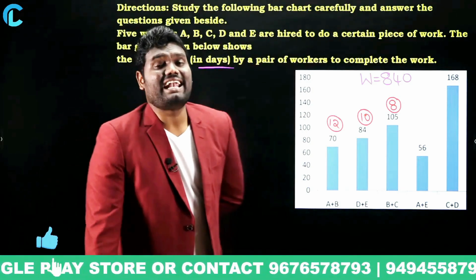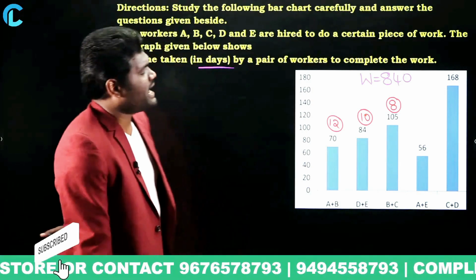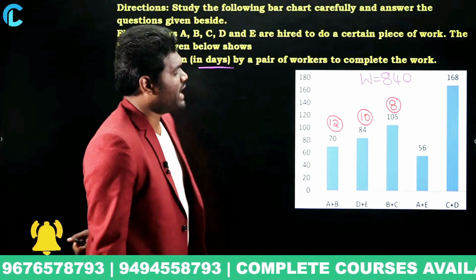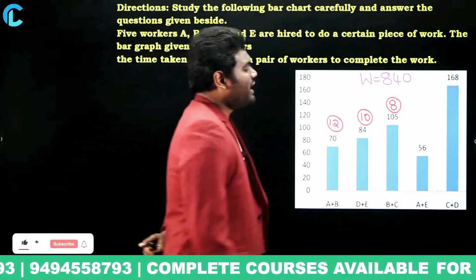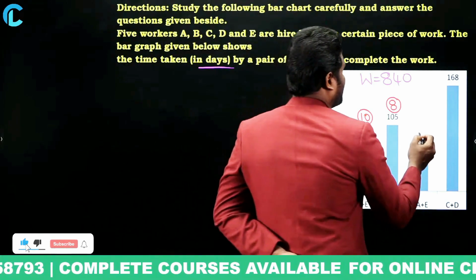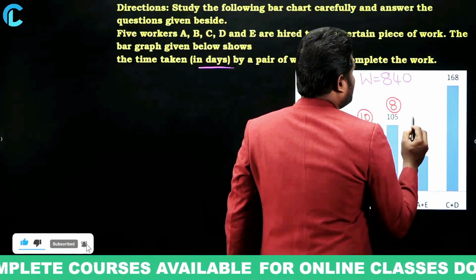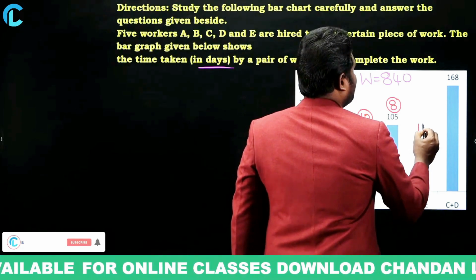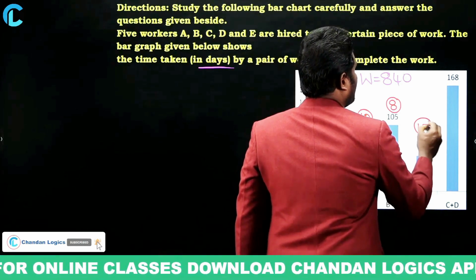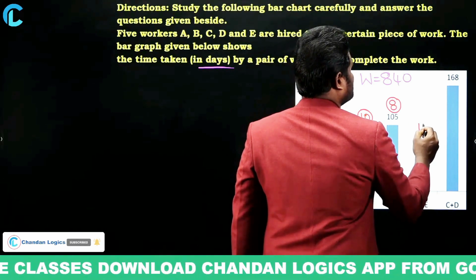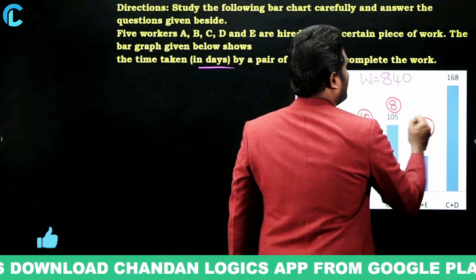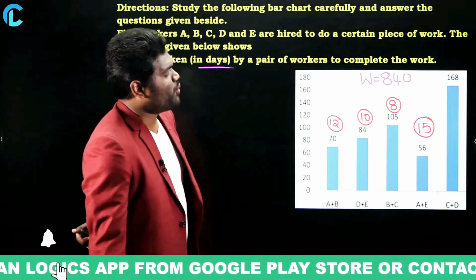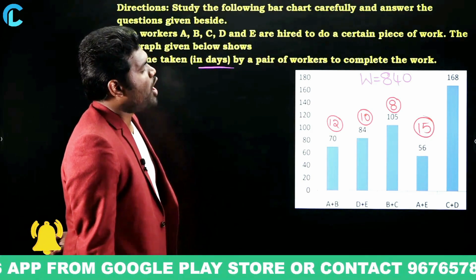Next, A and E are taking 56 days time, which means in one day they can do how many units of work? In one day they can do 15 units of work. Yes or no? 840 divided by 56, they will do 15 units of work in one day.